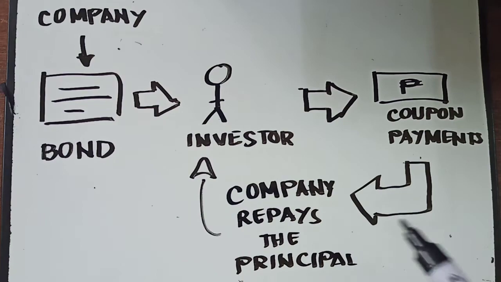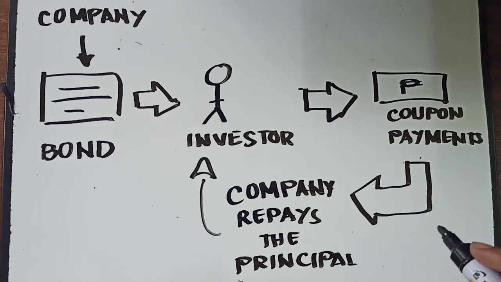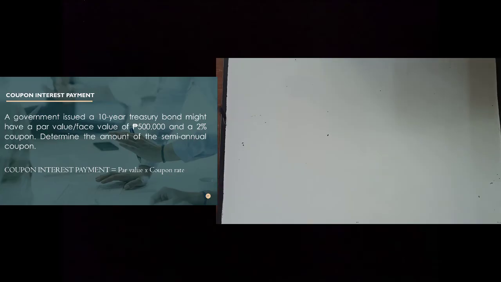Okay po? So again, principal, that is the face value or the par value. Again, face value, par value, same lang po iyon. And again, pag sinabi natin face value or par value, yun yung principal or yun yung kung magkano yung pinautang mo.